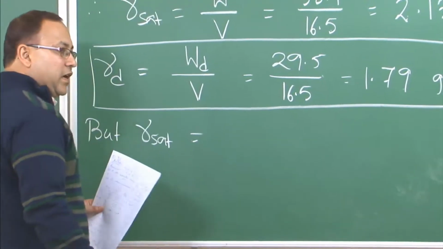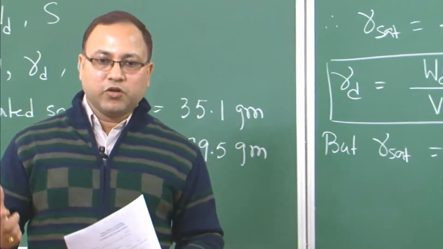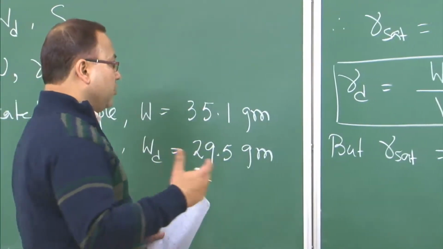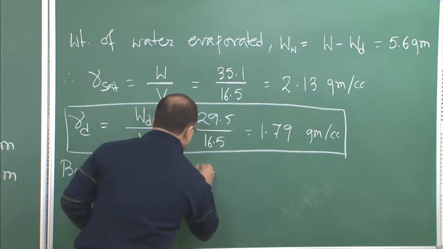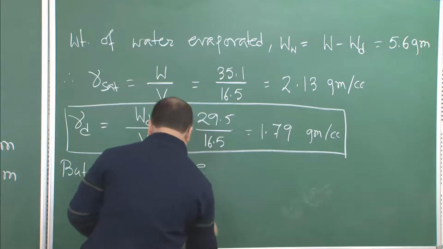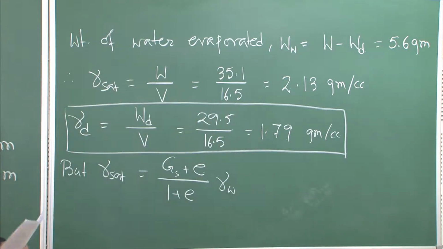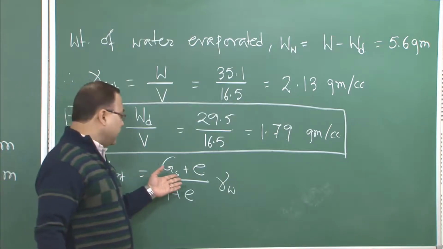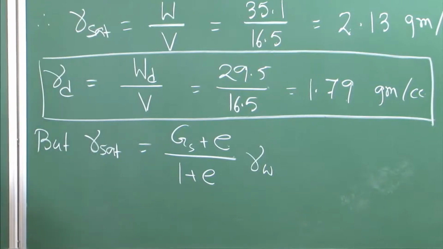I am not going into a detailed derivation. You can find that from the basic definitions. Gamma sat is (Gs plus e) by (1 plus e) into gamma W, where Gs is the specific gravity of the soil solids, e is the void ratio and gamma W is the unit weight of the water.